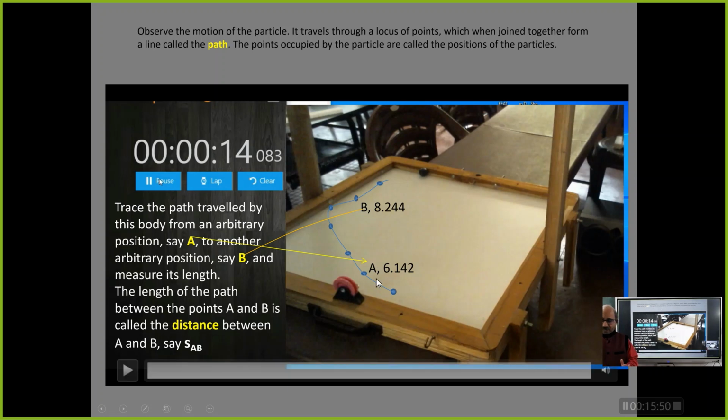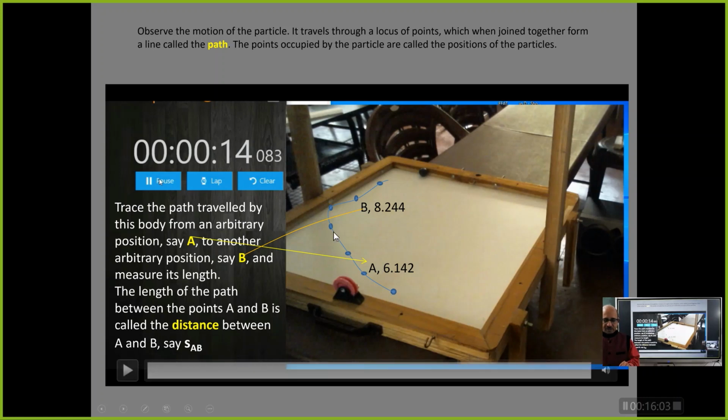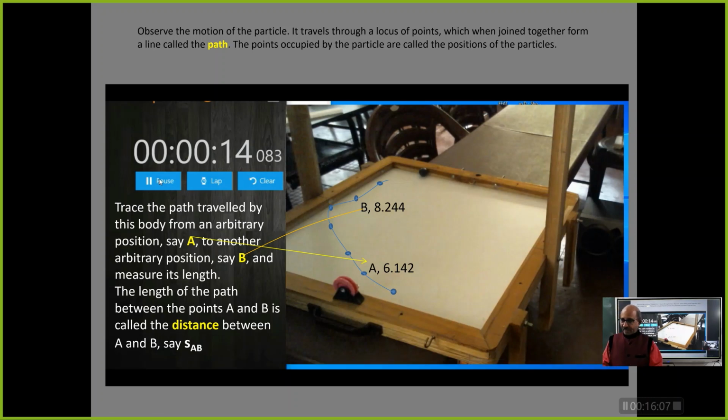You can very clearly see that these are the points along which the body has moved, and it forms a locus of points. They are continuous points, and they are all joined. Then you get the concept of a line, and this line is called the path.